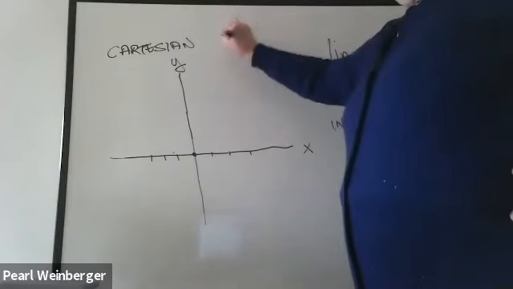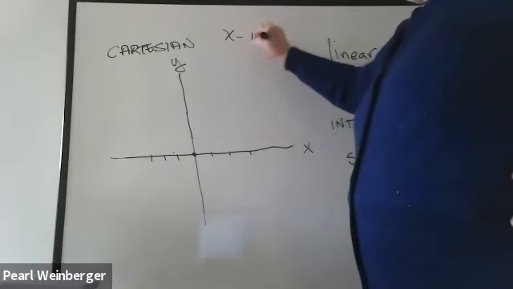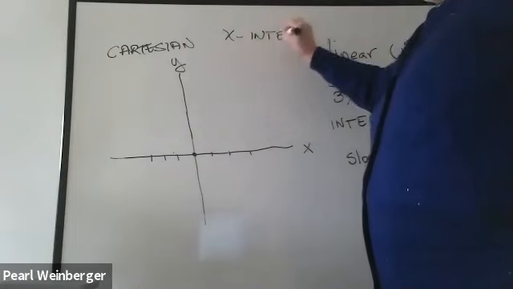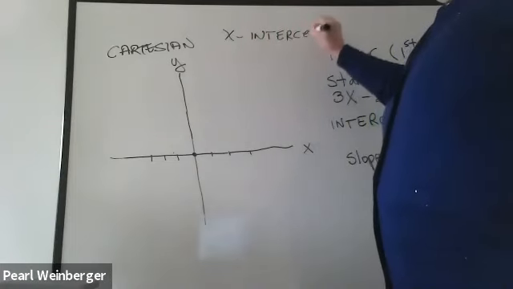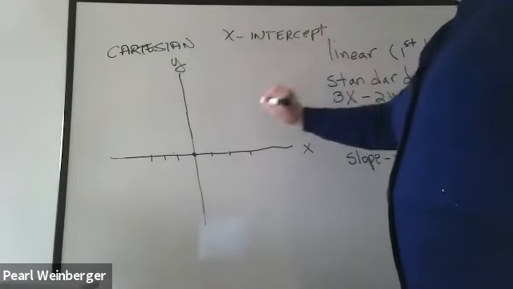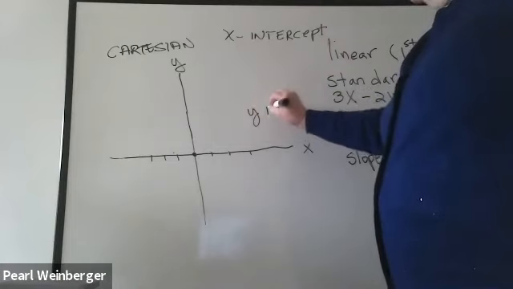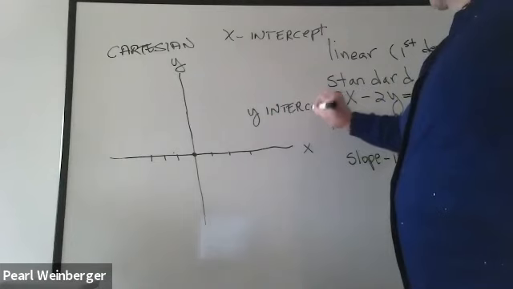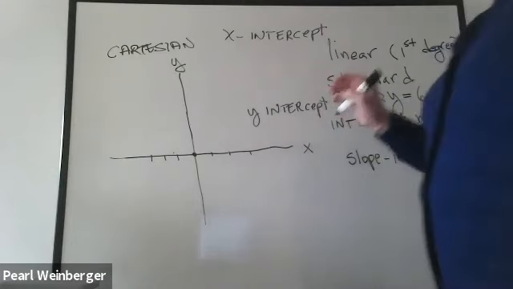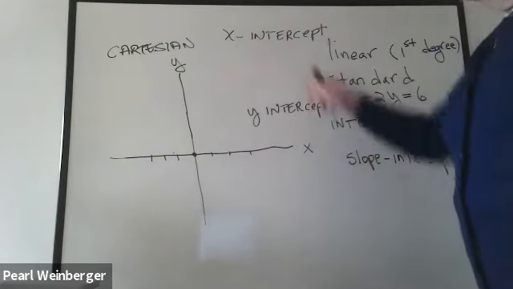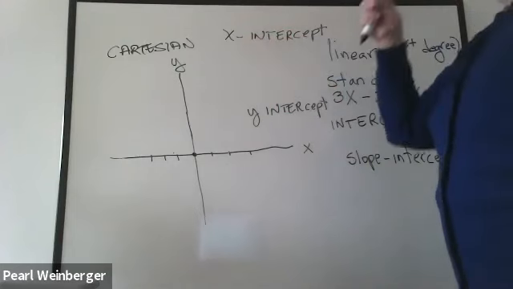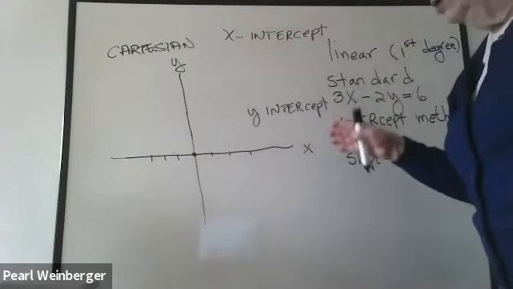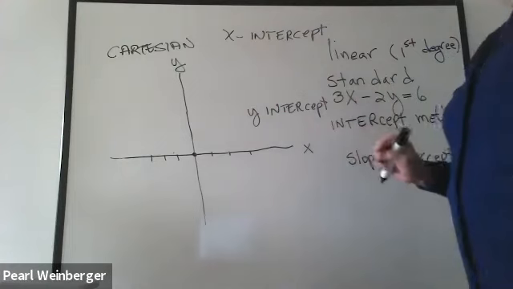There's an x-intercept, and there's a y-intercept. The word intercept means cross. X-intercept is the point where the line is crossing the x-axis.